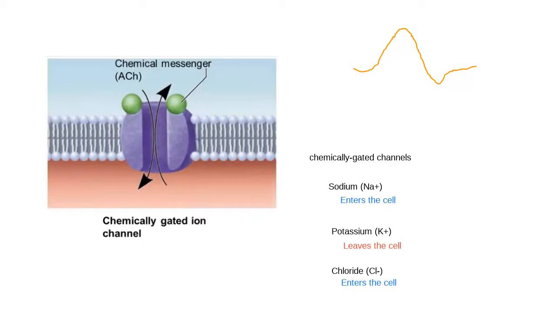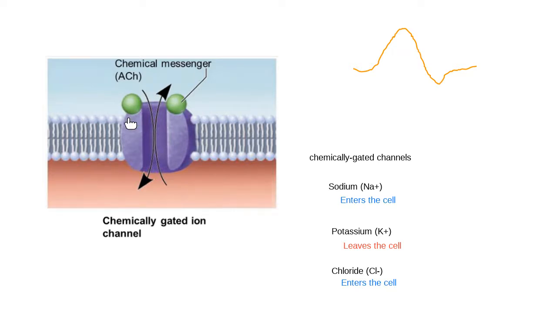Okay, let's pause for a moment, make sure we're tracking. Chemically gated channels always transport stuff from where there's a lot of it to a little of it. So some places on my dendrites membrane, my receiving part of the neuron's membrane, have chemically gated sodium channels.